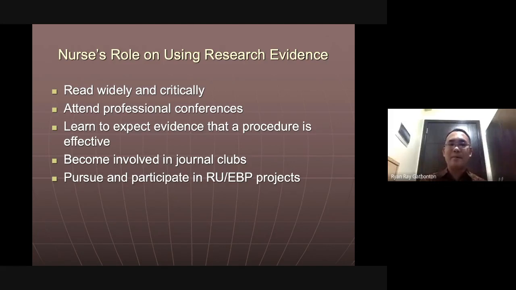Okay? We also have to learn, no, to expect evidence that a procedure is effective. We can become involved in journal clubs or pursue and participate in RUEBP projects.